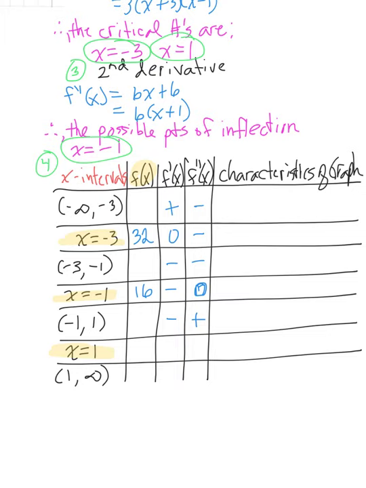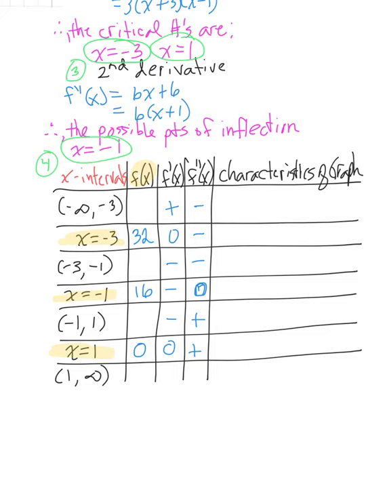Substitute 1 into the original function, I get 0. 1 into the first derivative, I also get 0. Because it's neither positive nor negative, remember I had to put that 0. And then a positive number if I substitute it into the second derivative. And then finally, you can choose any value you want in this interval. I'm going to substitute in 2.